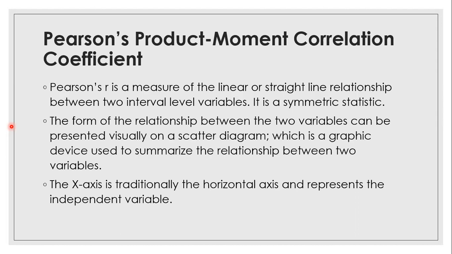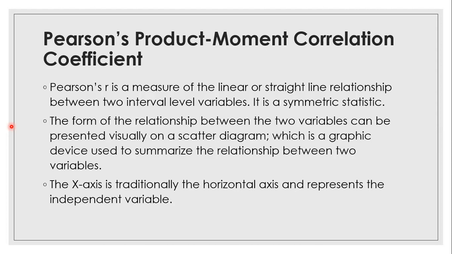Now, remember on the previous slide, we said that the measure you use depends on the characteristics of the data. So this is saying clearly that this particular coefficient can only be calculated for linear relationships, and only for interval level variables. If you have any other type of data, you need to find another measure because the Pearson correlation coefficient is not going to be applicable.